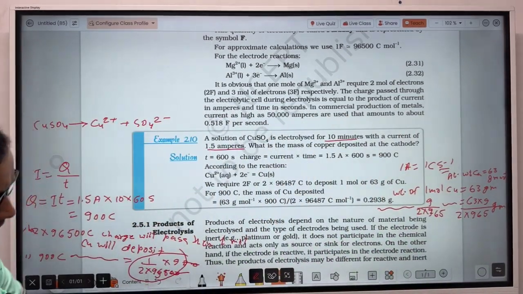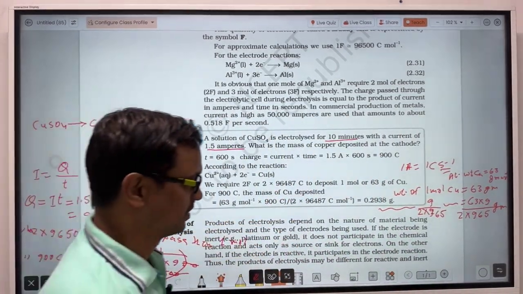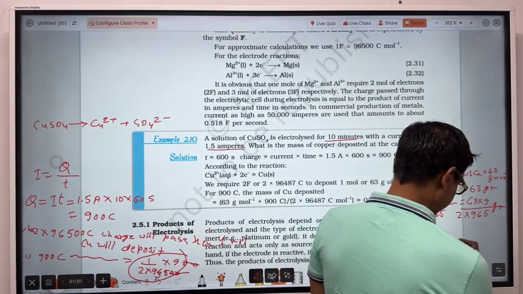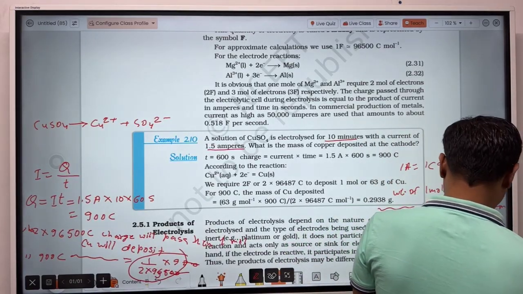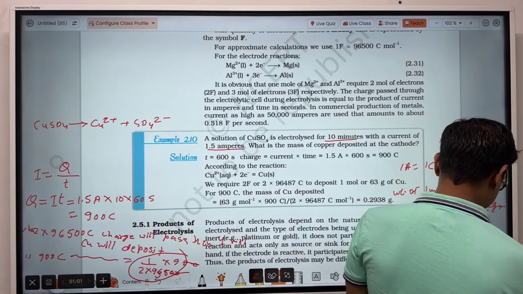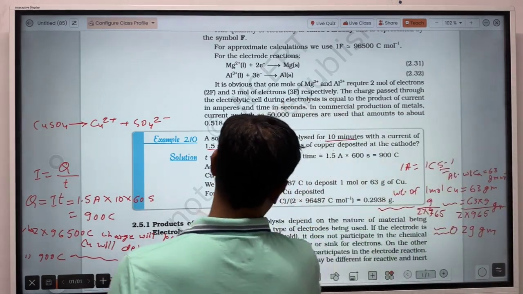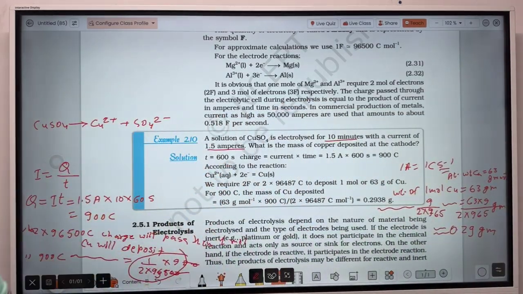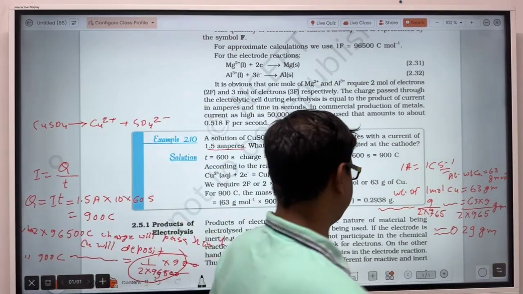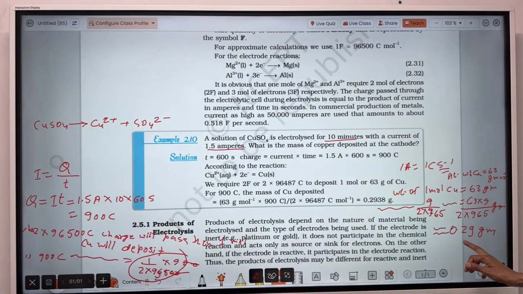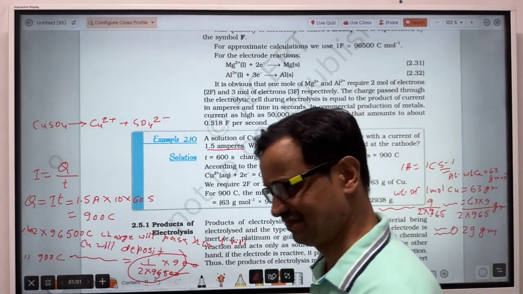So when you multiply and do the calculation, that will be 0.23, near about 0.29 gram. So when a current of 1.5 ampere passes through the solution for 10 minutes, then 0.29 gram of copper will deposit at the cathode.